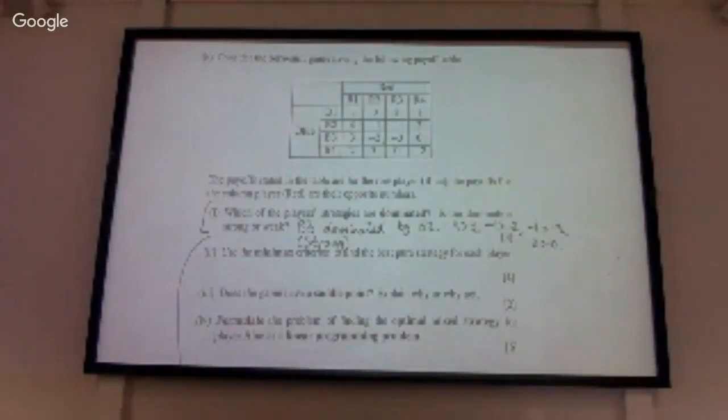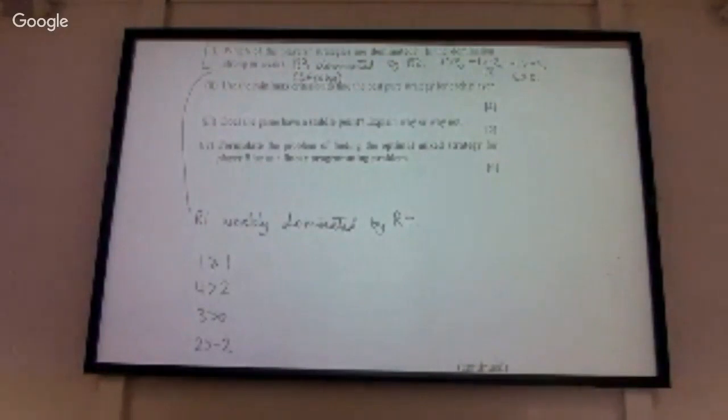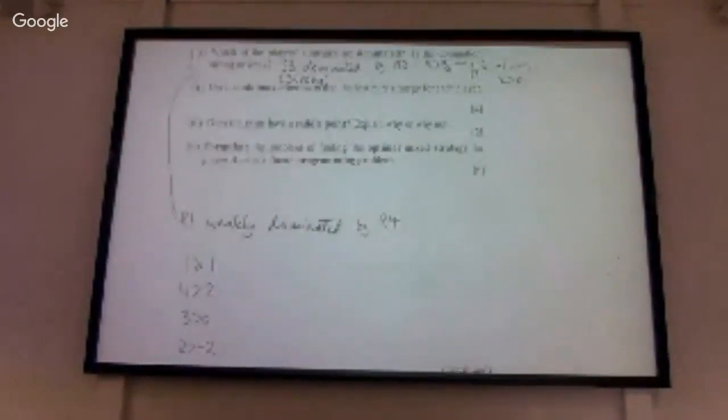I think it is, because 1 is greater than or equal to 1, 4 is greater than 2, 3 is greater than 0, and 2 is greater than minus 2. Okay, so that's correct.